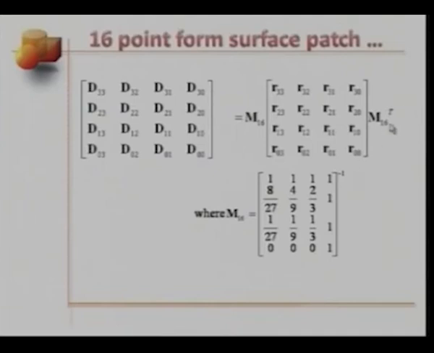That is one reason why we use the transpose of M16 here. Nevertheless, with the sampling information available to us, we can identify the unknown coefficient matrix Dij, and once we have that, we have the mathematical expression for the 16-point form surface patch.